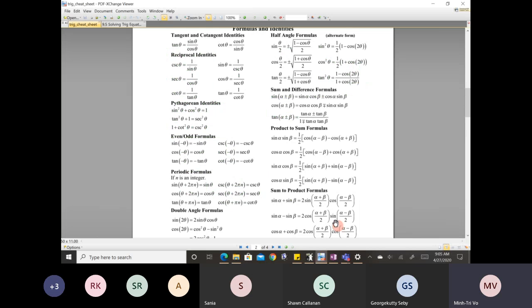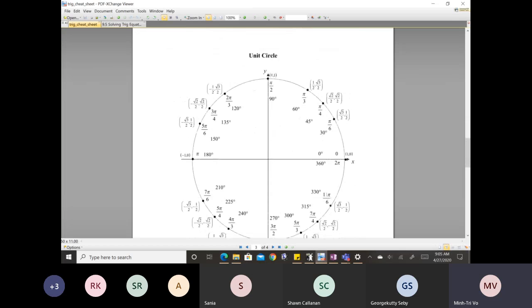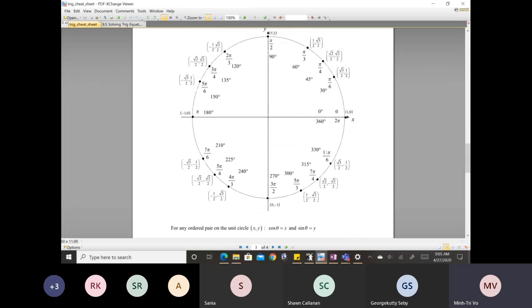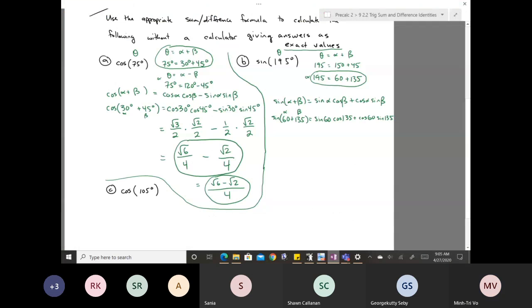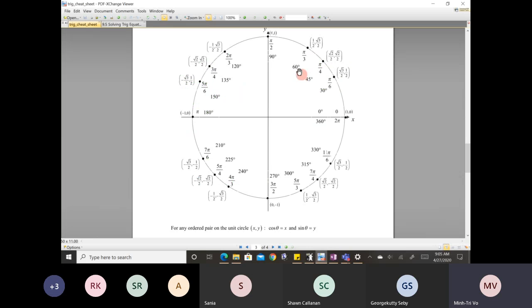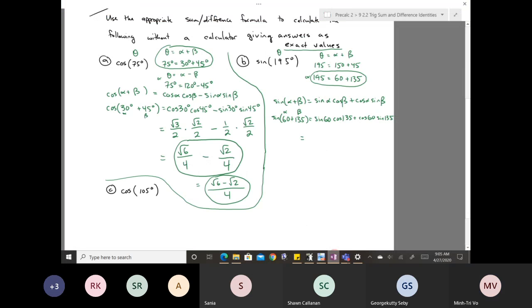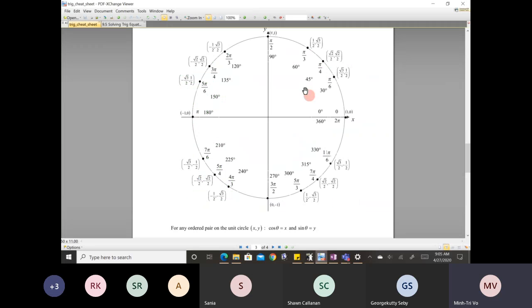Now we just look up the values again on the unit circle. Sine 60 is the y coordinate, so square root of 3 over 2. Cosine 135.